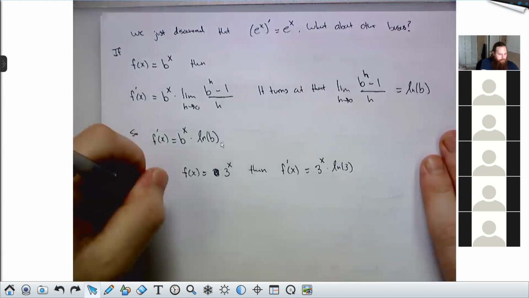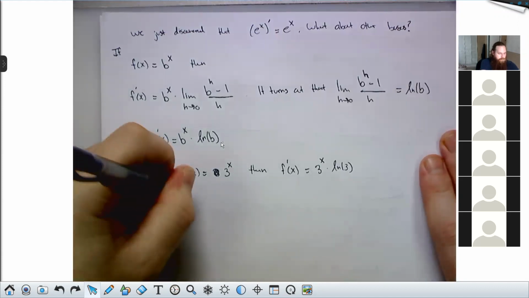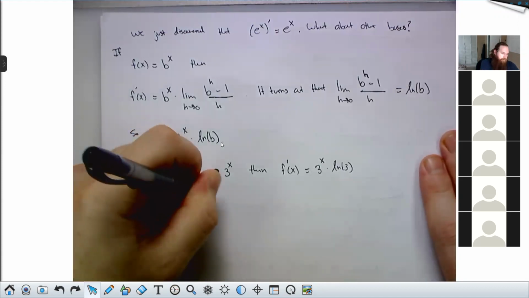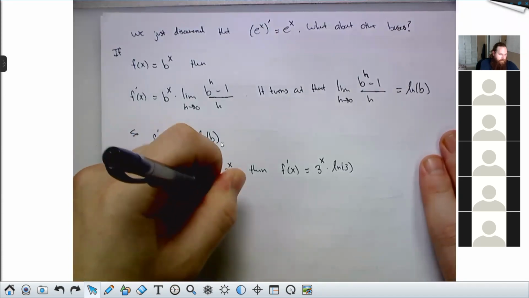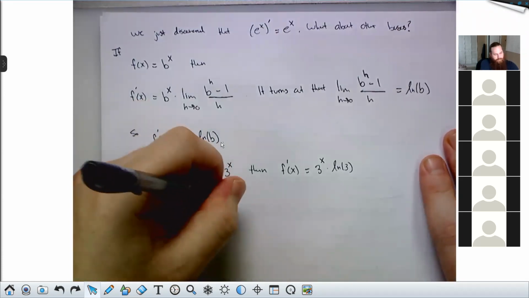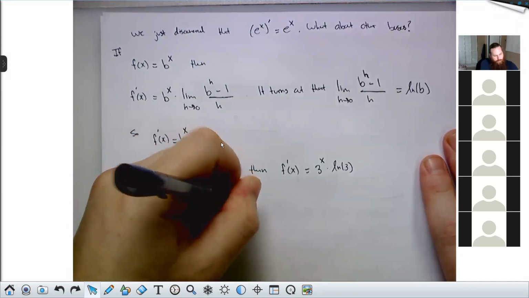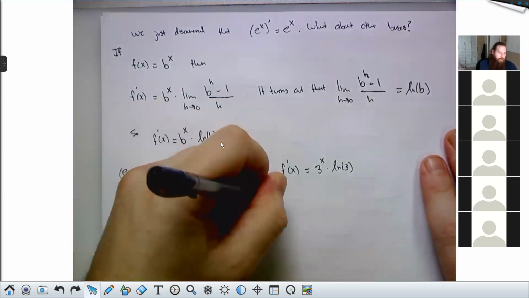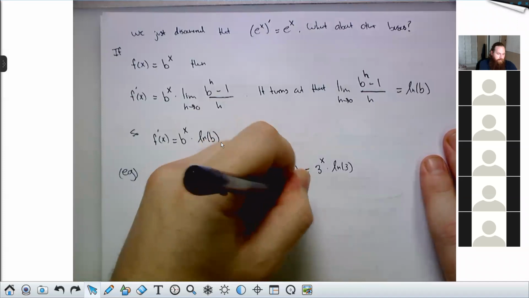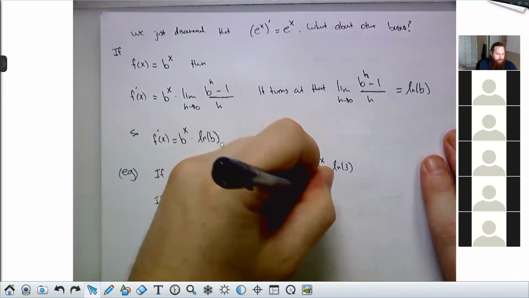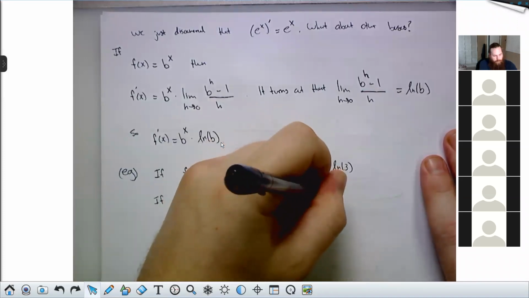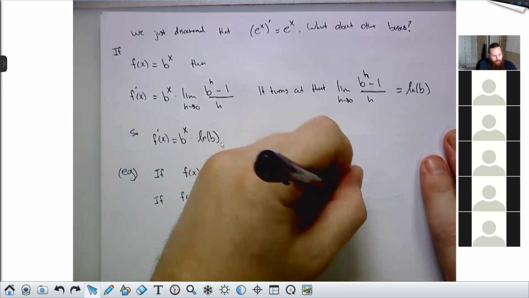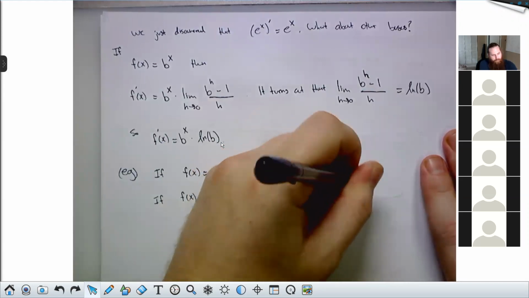If f of x is 3 to the negative x, which is the same as 1 over 3 to the x, then f prime of x would be 1 over 3 to the x times the natural log of 1/3.